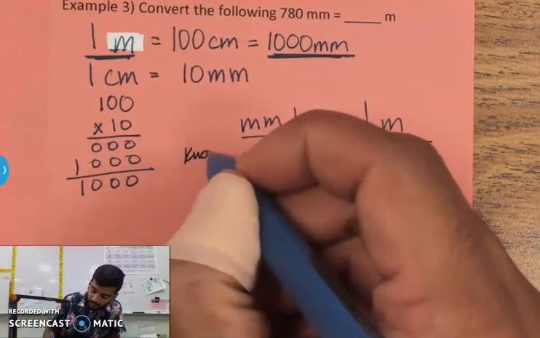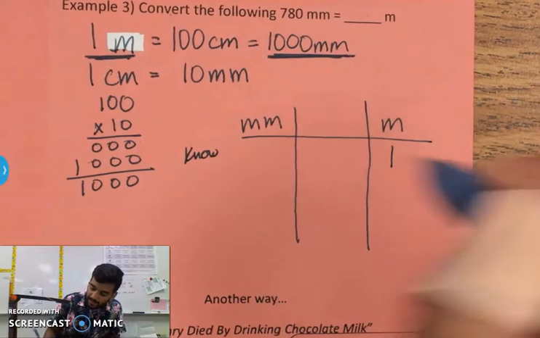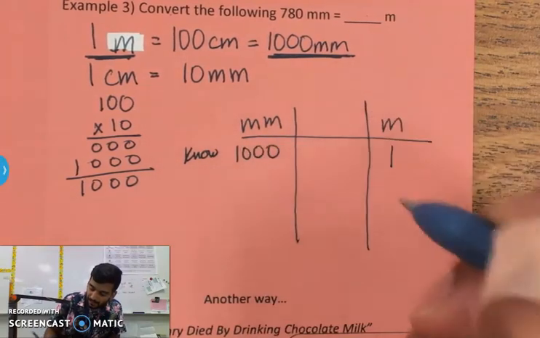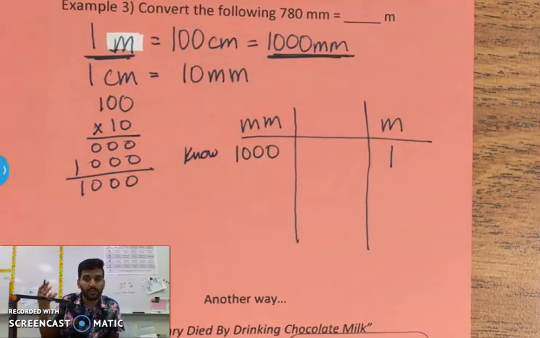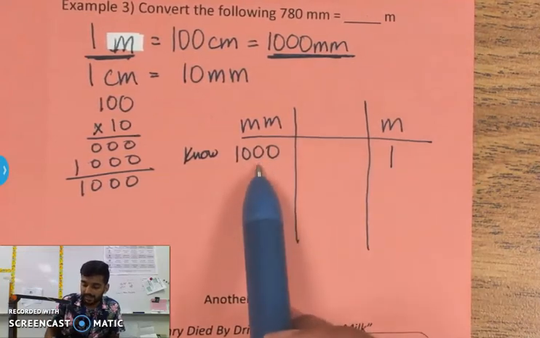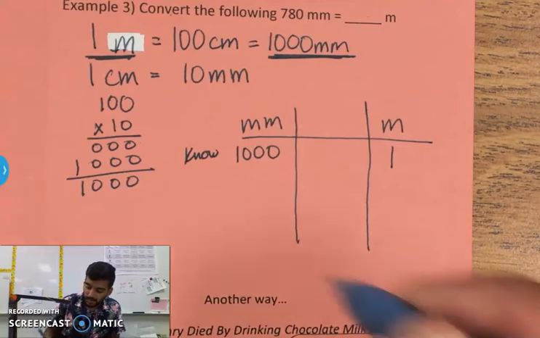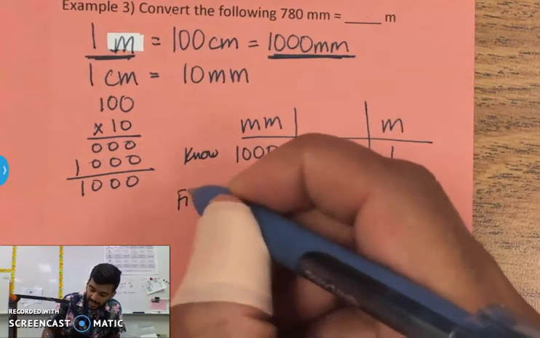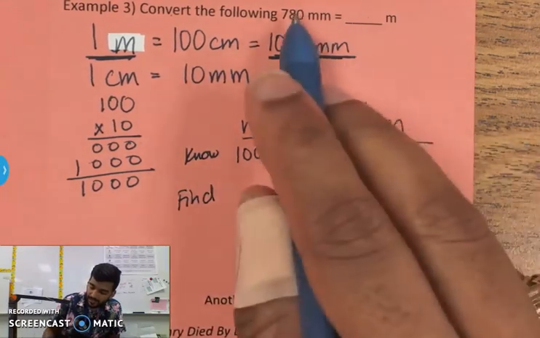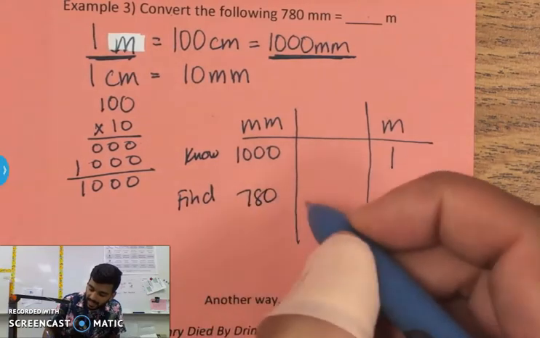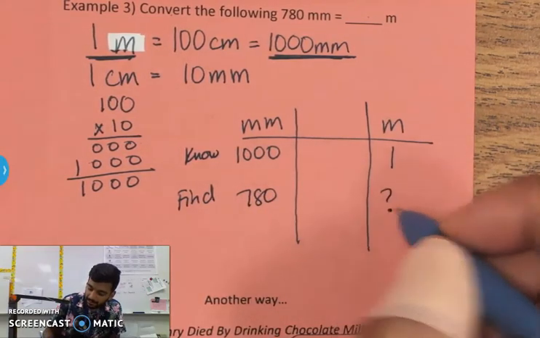We know that 1 meter is 1,000 millimeters. That's the problem solving we just did. 1 meter is 1,000 millimeters. They want us to find, if there's 780 millimeters, how many meters is that?